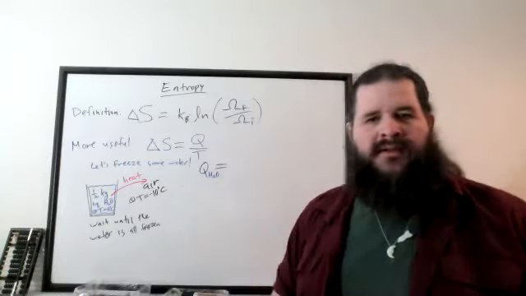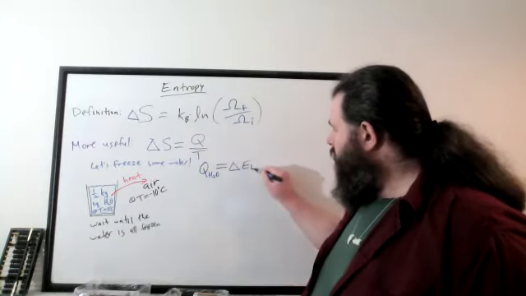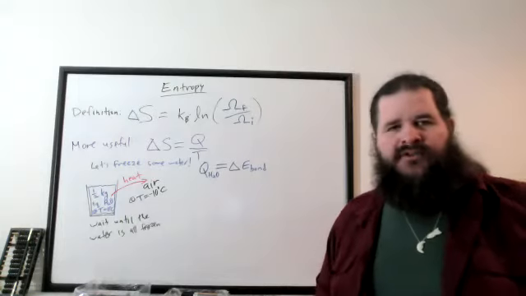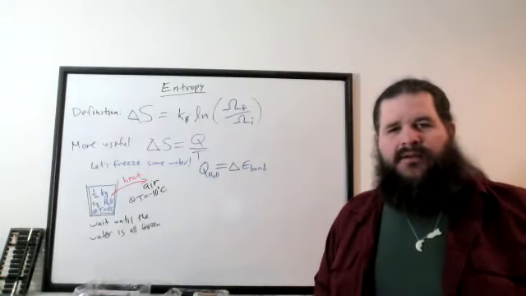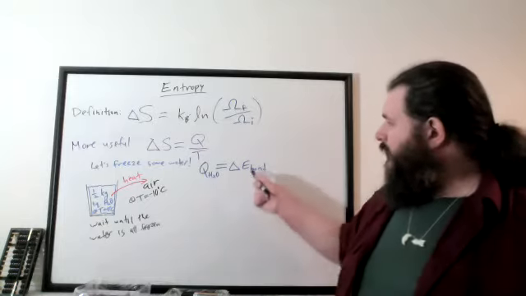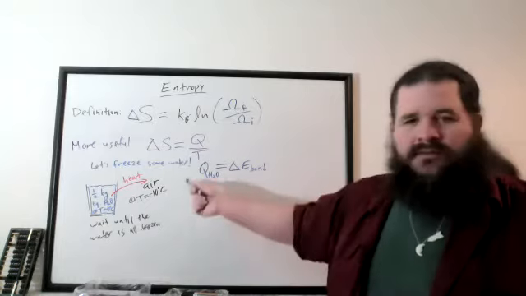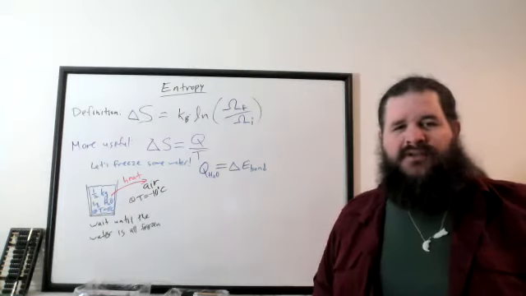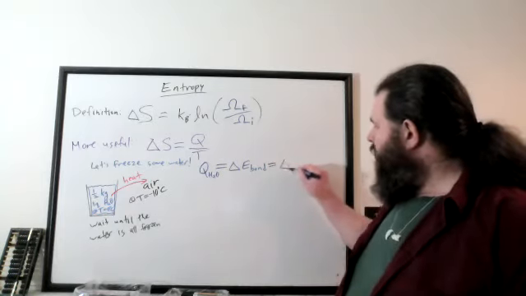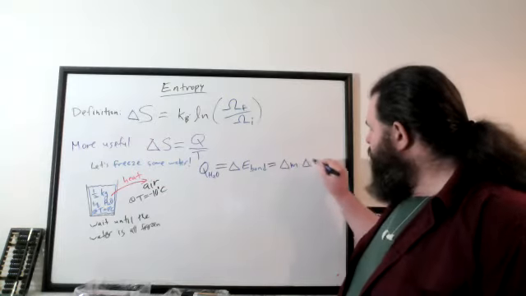The heat traveling is delta E bond. And you could even think of this in terms of just treating this as an open system. You've got bond energy decreasing because heat is leaving. So delta E bond is, usually we write work plus heat, but there's no work, so it's just heat. We can use our usual delta M, delta H formula.